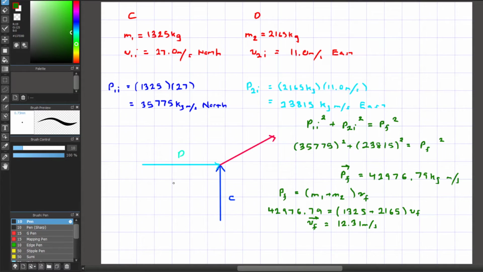So we'll take a moment and solve for the angle by using a tan function, and then also using the initial momentum of car C and the initial momentum of car D. After finding the angle, our final answer for this two-dimensional inelastic collision problem is going to be 12.31 meters per second at an angle of 56.34 degrees north of east.